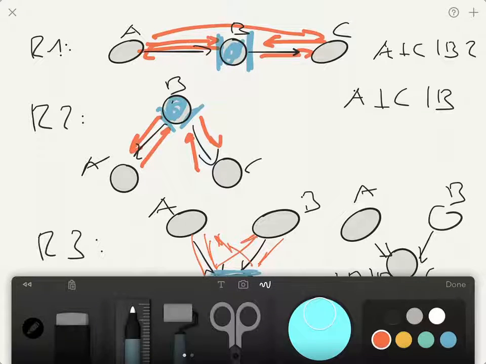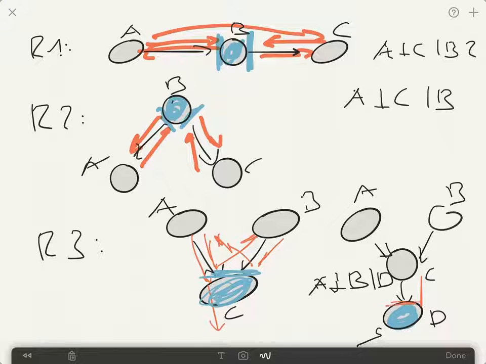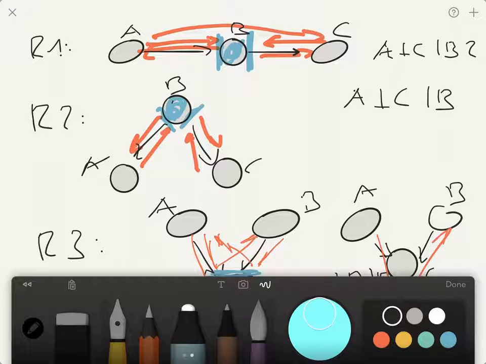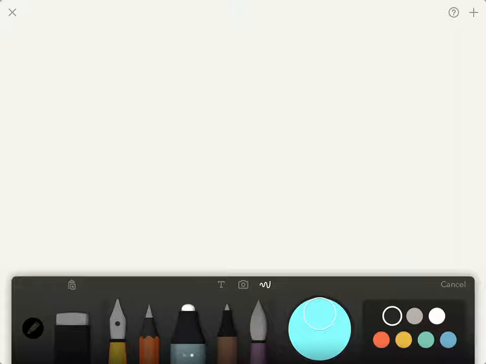And this is exactly the same. We imagine here some wall and it bounces back here to B. And with this newly gained knowledge we can make some examples.